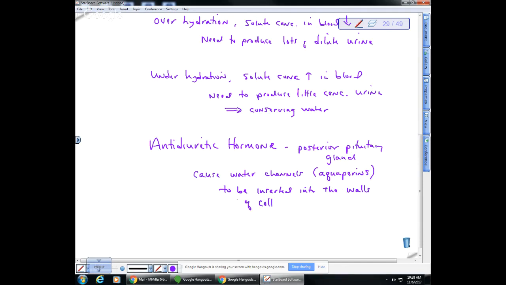Causes proteins? Water channels, those aquaporins, those are proteins. Yeah, okay. To be inserted into the walls of the collecting ducts. And so this is where we have what is referred to as facultative water absorption.